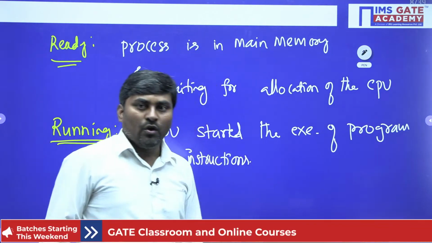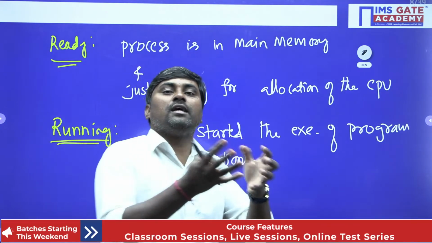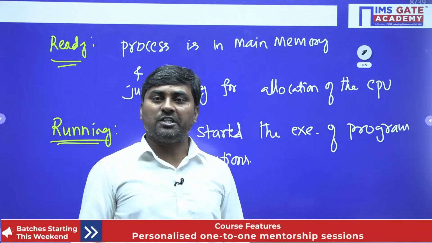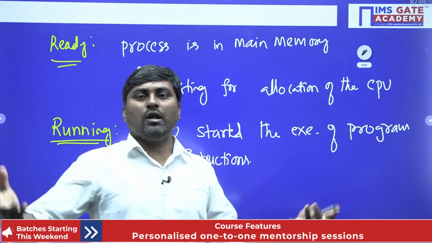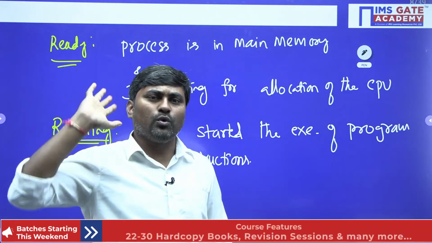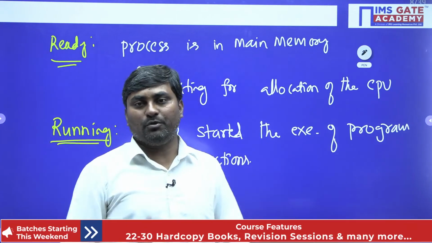Whenever I say a process is in running state, it is literally using the CPU for executing the program instructions. If the program has 10 instructions and has started executing already, then we say the process is in running state. Running means using the CPU here.